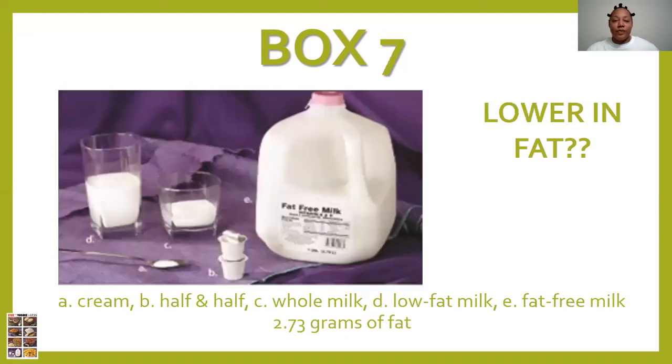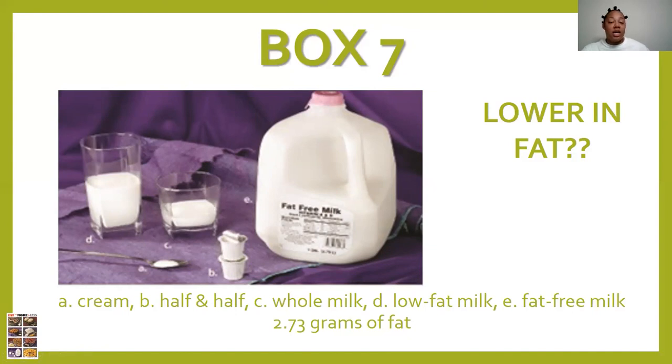Let's keep going. Box 7, right? Now we got a couple different things in this box. So we have A through E, okay? A is regular cream for your coffee. Then we have B, which is half and half. It's 2 little containers of half and half. Then C, right here, that's whole milk, okay?